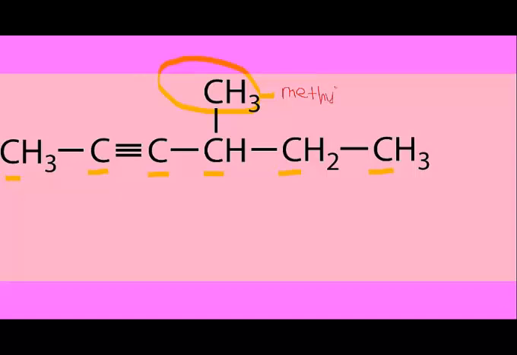Now, we're going to number according to where the triple bond is nearest. So it's going to be 1, 2, 3, 4, 5, and 6.